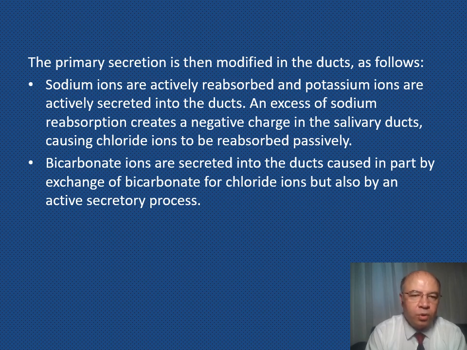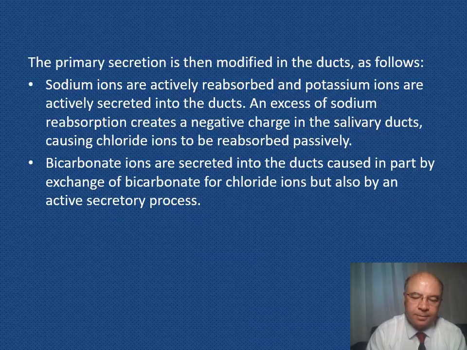An excess of sodium reabsorption creates a negative charge in the salivary ducts, causing chloride ions to be reabsorbed passively. Bicarbonate ions are secreted into the ducts, caused in part by exchange of bicarbonate for chloride ions, but also by an active secretory process.